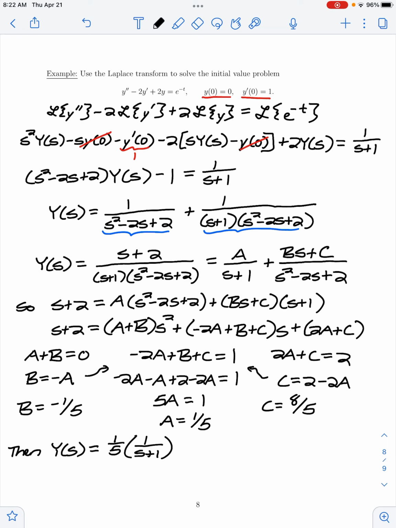And since b and c both involve a factor of 1/5, if I factor out a negative 1/5 from those terms, I would have a positive s minus 8 over my s squared minus 2s plus 2.